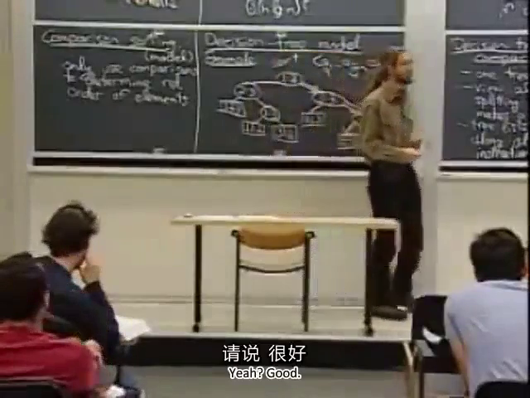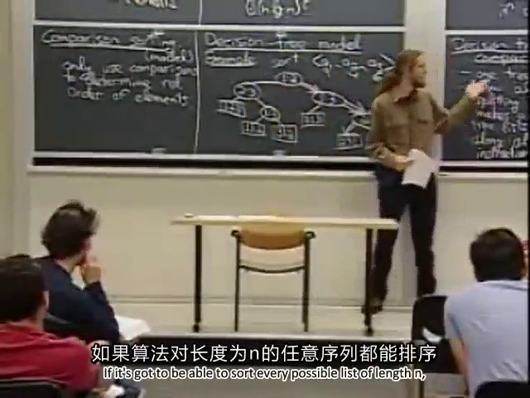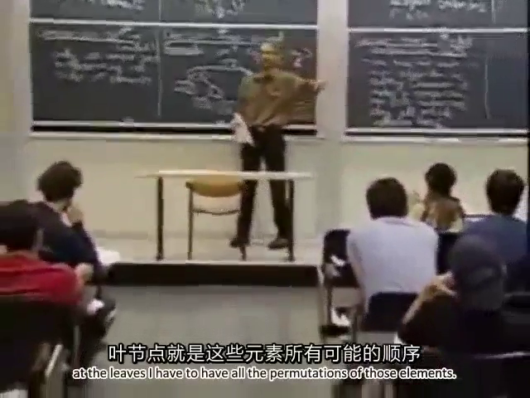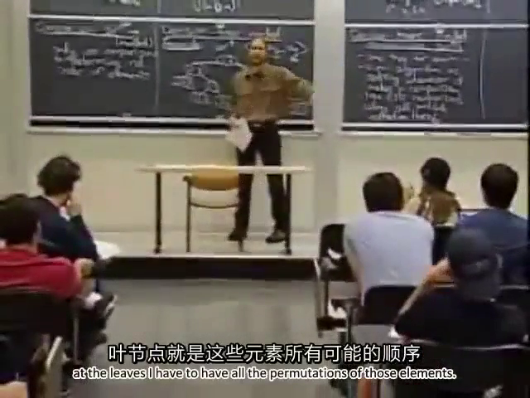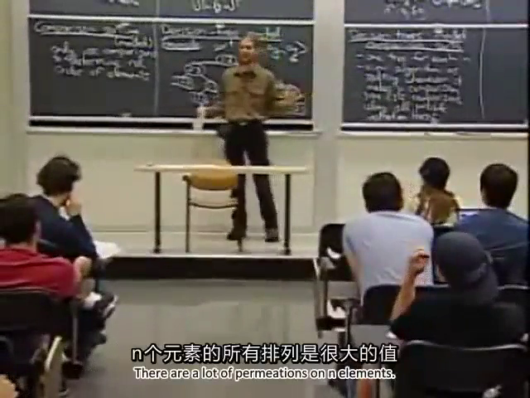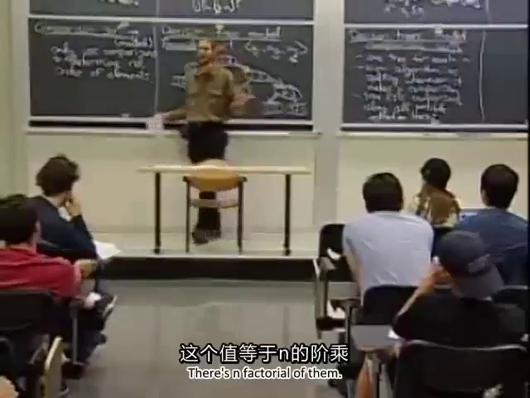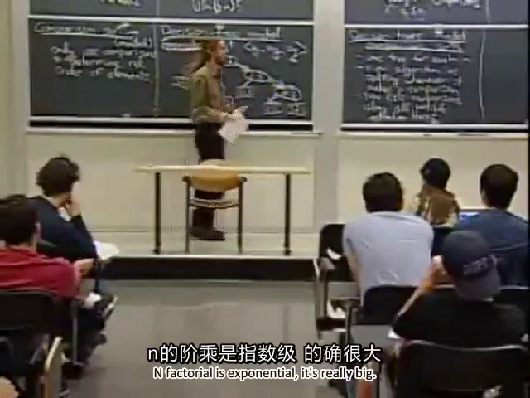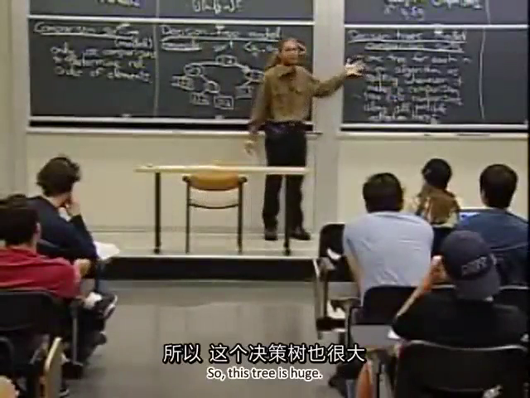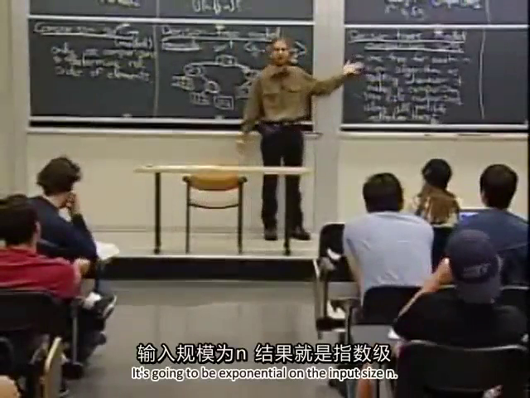Good. Right. If it's got to be able to sort every possible list of length n, at the leaves, I have to have all the permutations of those elements. So that's a lot. There's a lot of permutations on n elements. There's n factorial of them. N factorial is exponential. It's really big. Right? So this tree is huge. It's going to be exponential in the input size n.